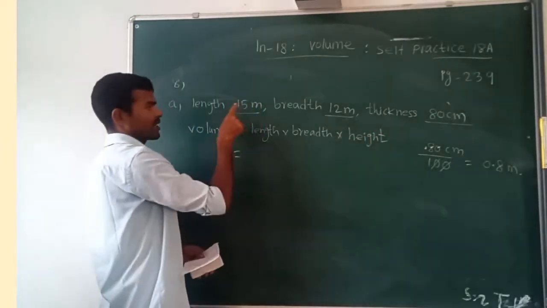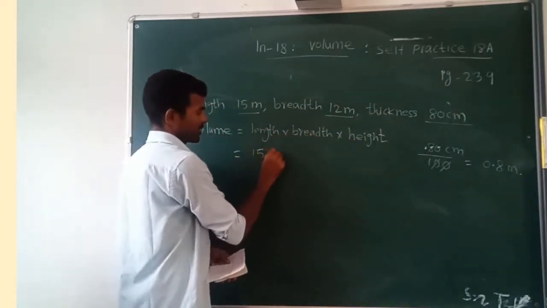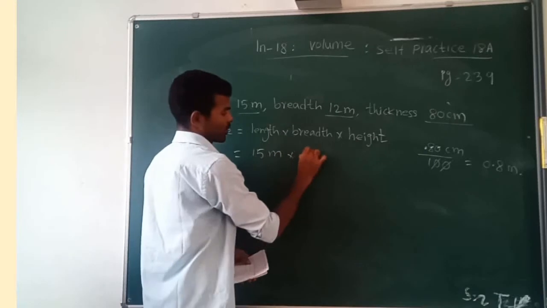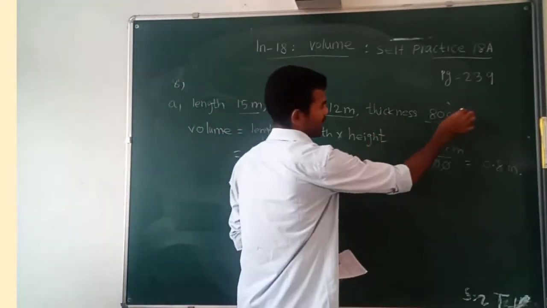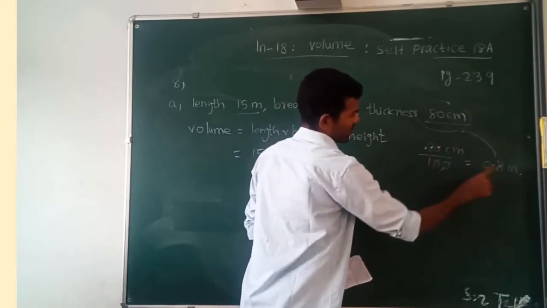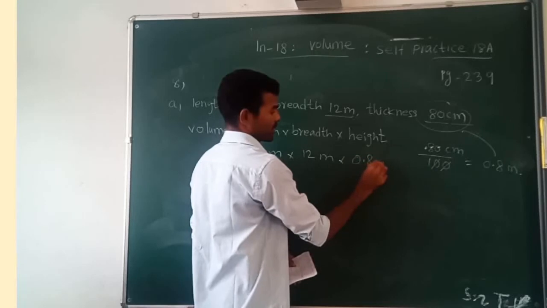So what is given? Multiply 15 meter, multiply 12 meter, and the thickness we have converted into 0.8, so multiply with 0.8 meter.